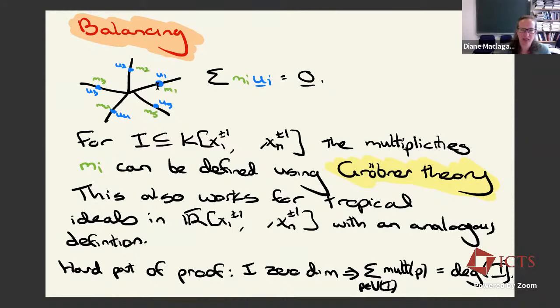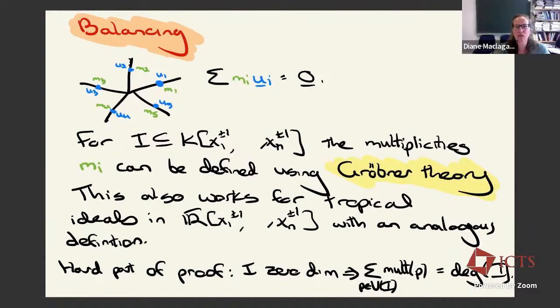So you're meant to imagine a tug of war game where people are pulling with weight M1 from position U1, weight M2 from position U2, and then we have a zero tension. The sum of MiUi is 0, so no one wins the tug of war game.